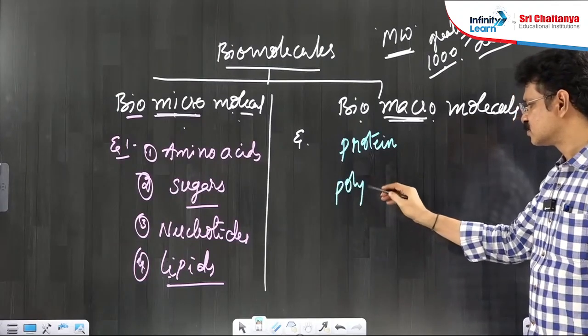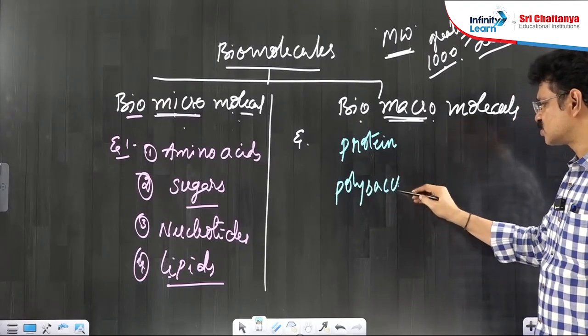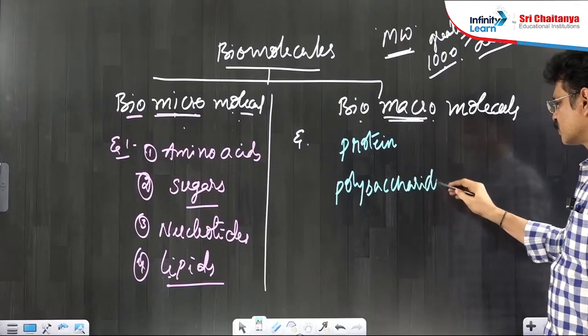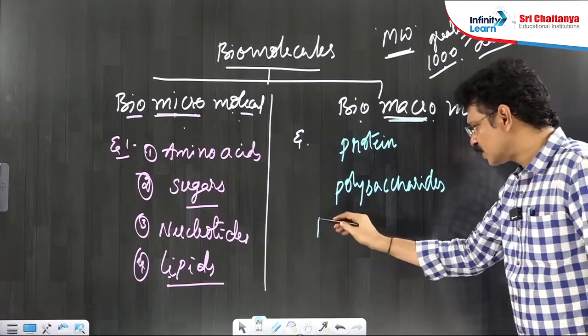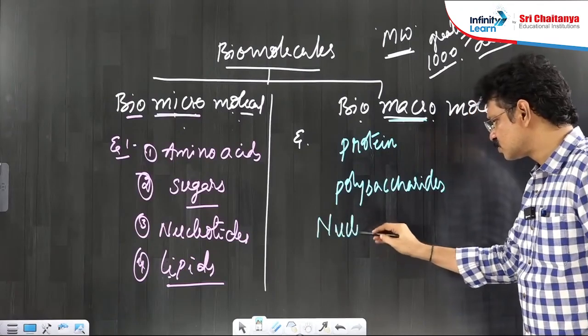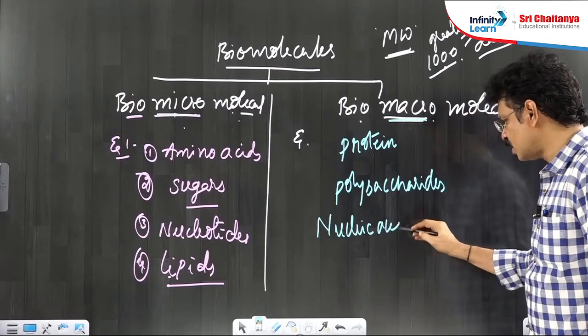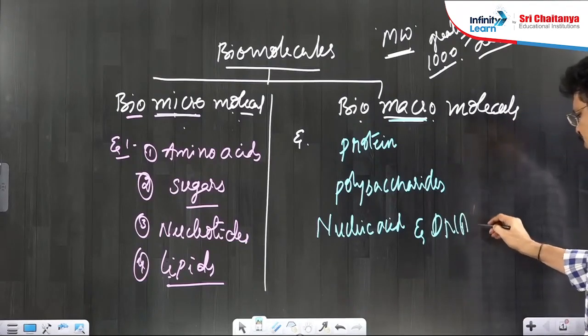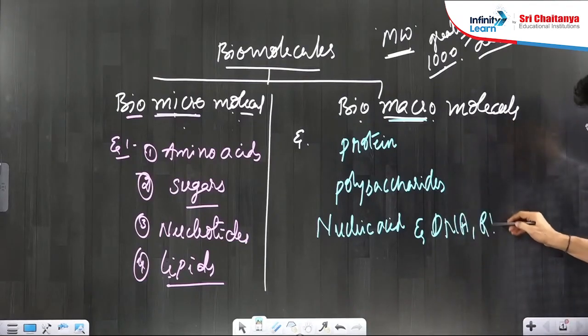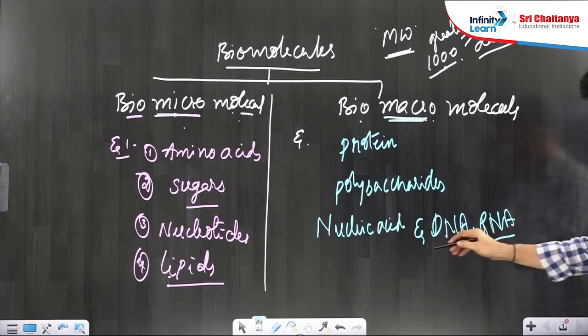Polysaccharides, like cellulose and starch, are also very good examples of macromolecules. Nucleic acids, like DNA and RNA: deoxyribonucleic acid and ribonucleic acid, short form RNA.